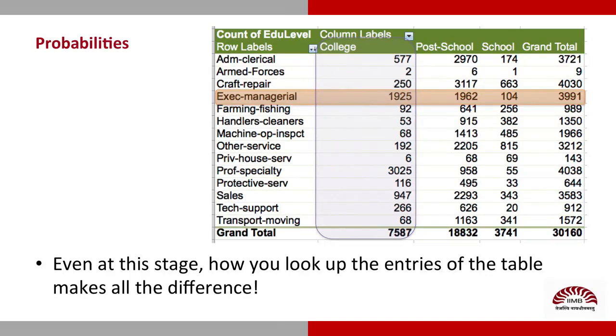That was smart. We are now ready to answer both of our questions with this one table. Just focus on the exec managerial folks. Now, college educated people comprise the first column in our table. We want to know what proportion of these are managers.